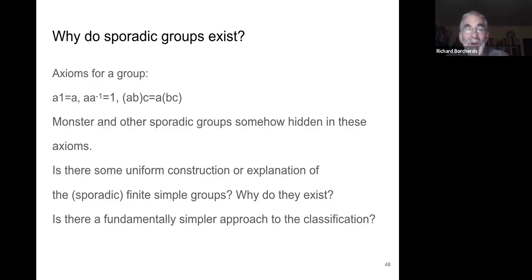So we have this open philosophical problem. Is there some uniform explanation of why these sporadic groups exist that takes less than 10,000 pages? No one's managed to think of anything better.